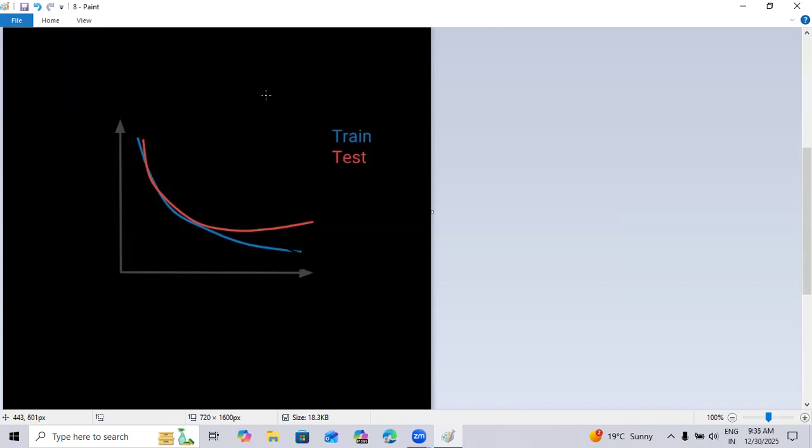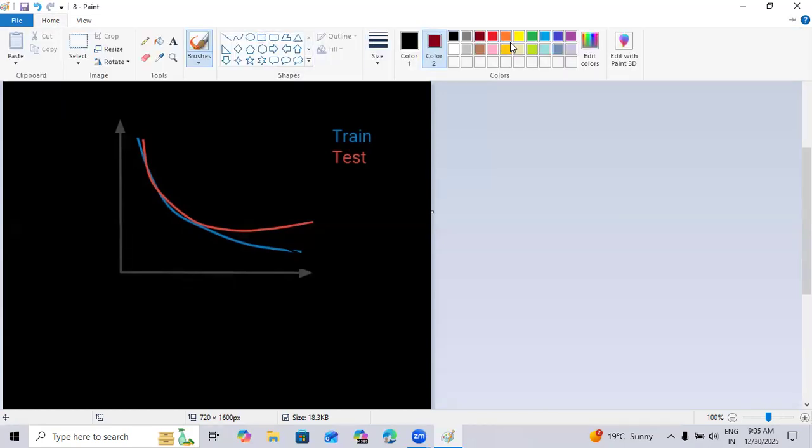The first one is the mean square error, which we call MSE. Mean square error is used for regression problems. It calculates the square of the difference between the actual and predicted values.